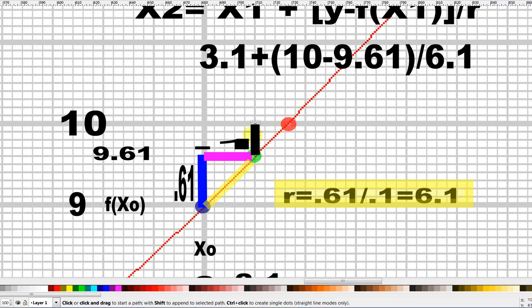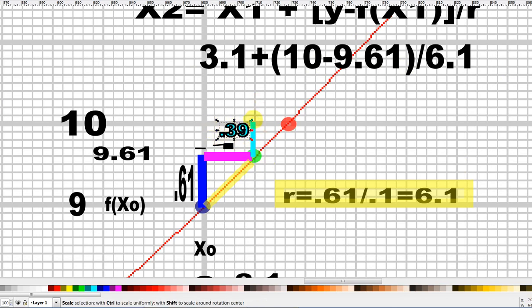That's a known quantity. 10 minus 9.61. Let me adjust some of these other things out of our way. So 10 minus 9.61 is 0.39. Let me label that. So there's the 0.39. I made this little line segment blue, and the 0.39 is blue too. So that height is 0.39.